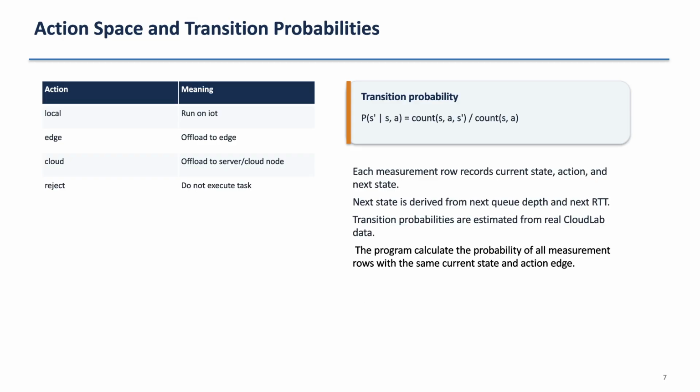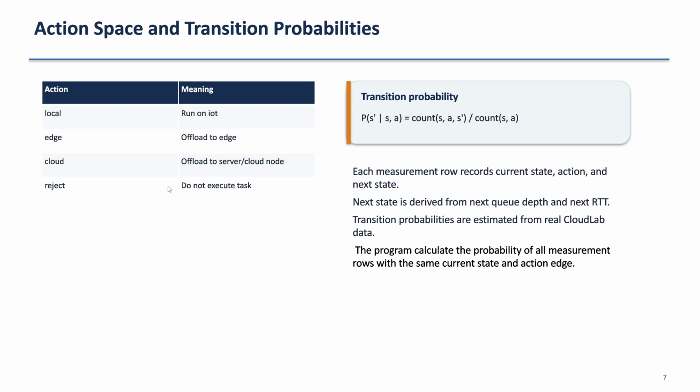The action space and the transition probabilities. The local action is run the problem on IoT. And the edge action is offload the problem to the edge and compute. The cloud action is offload the problem from the edge node to the cloud node and then compute.